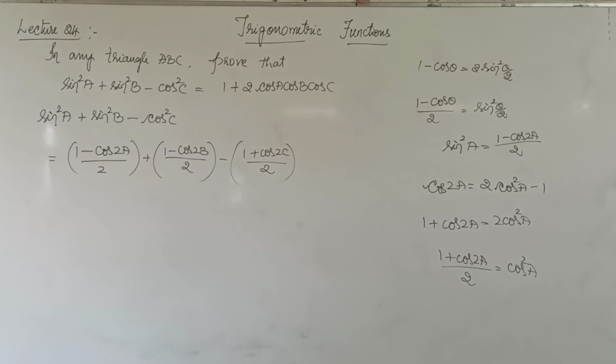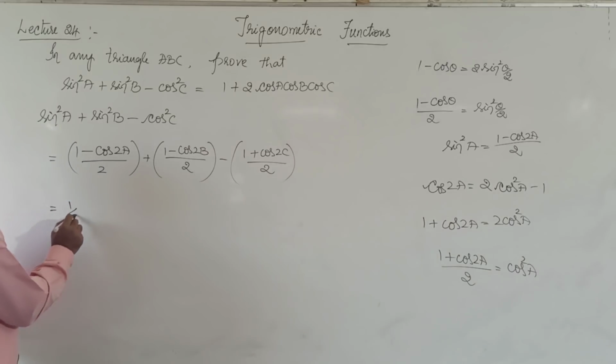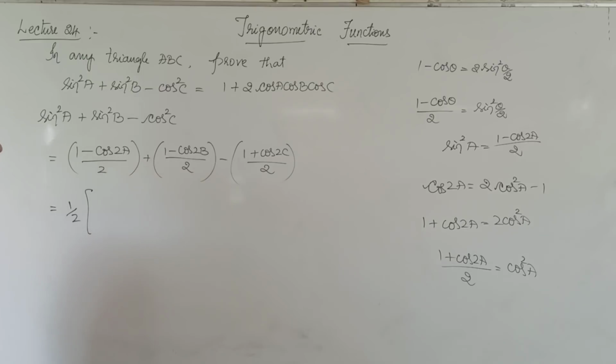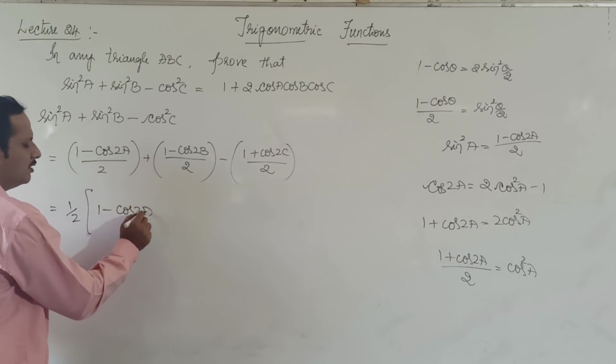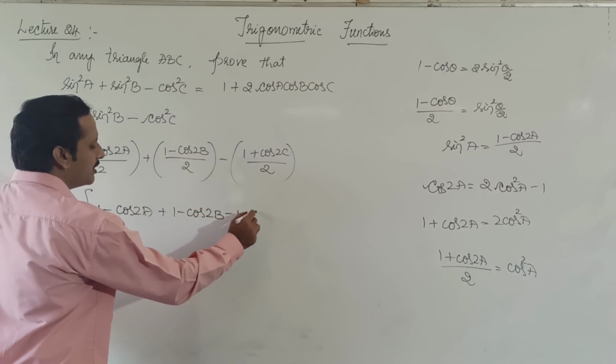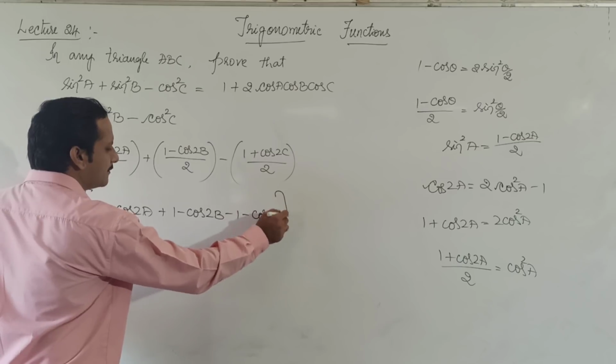Okay. Then I'll take this 2 as a common factor. 1 by 2 I'll take out. Then what will remain? 1 plus 1 minus 1. Right? Okay, I'll write one more step. 1 minus cos 2A plus 1 minus cos 2B minus 1 minus cos 2C.